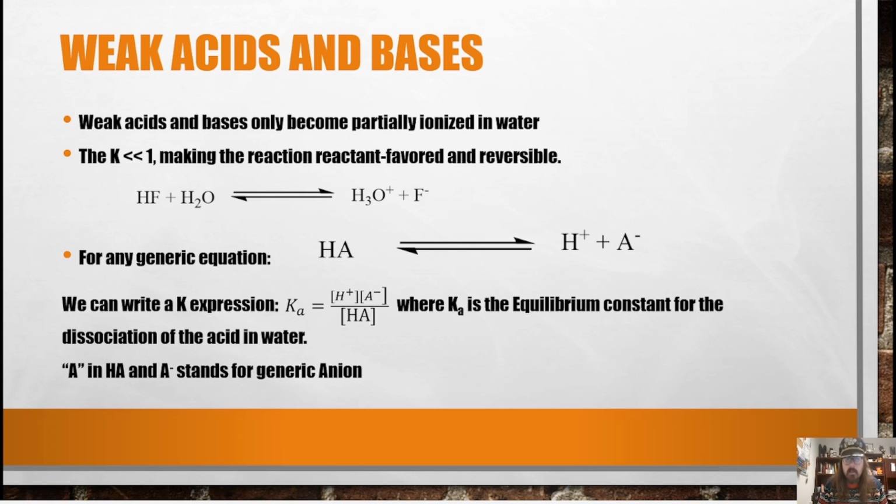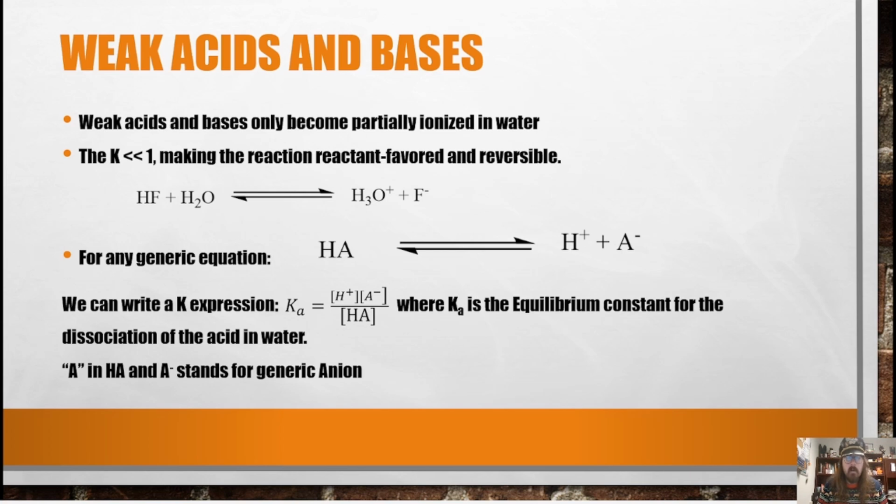So the anion is one more negative than it was previously, whatever that anion was. We can write this for any acid, and we will constantly use just this generic form so we don't have to write a new one each time.